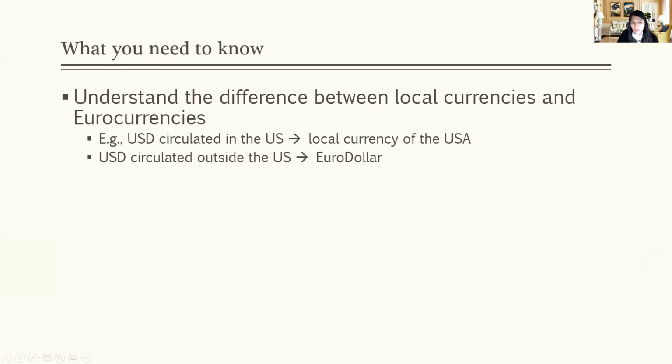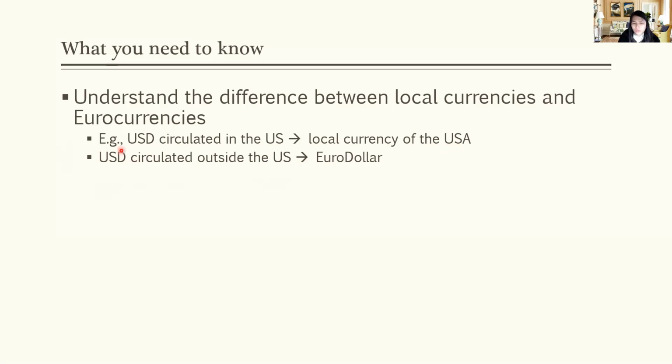For this week, as you have already seen in the lecture slides, it's quite theoretical. The first key point that you need to understand in this topic is the differences between the local currencies and the euro currencies. When we say euro currencies, we're talking about a currency that is traded outside of its nation. For example, if the USD is circulated in the US, then this is the US national currency.